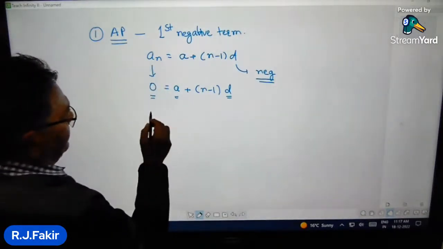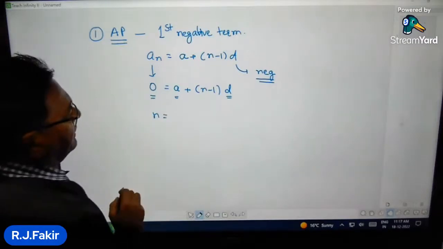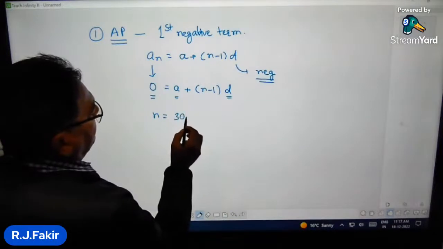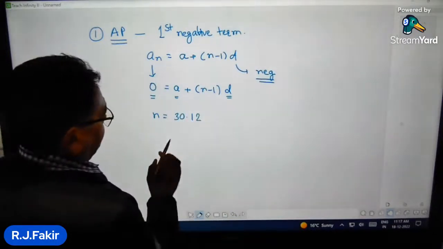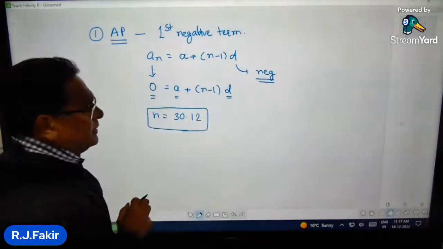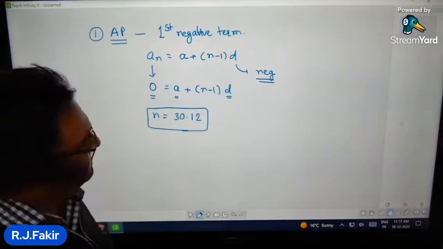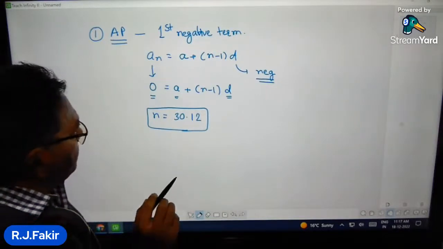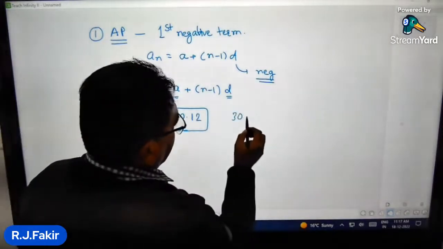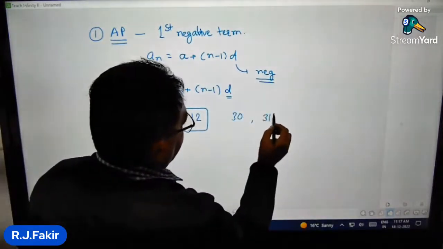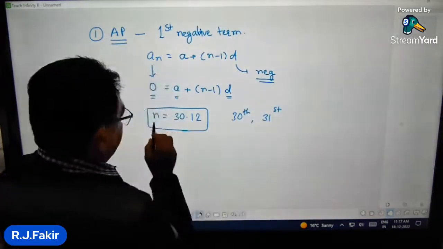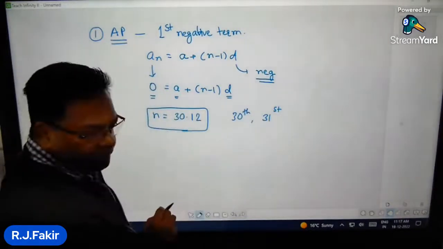Then you will find that, let us say, the value of n is something like 30.12, like this. Now, n is always a whole number. It cannot be a fraction. It cannot be a decimal. But we are sure that this 0 is somewhere between the 30th term and 31st term. This 0 value of an is somewhere between these two.